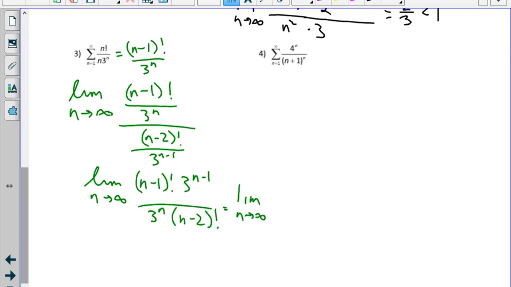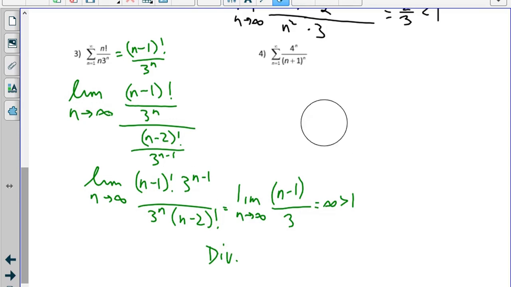I do a little canceling, so n minus 1 over n minus 2 with the factorials, that's going to be n minus 1 in the numerator, and then I'm going to have a 3 in the denominator. Now notice that as n goes to infinity, n is going to dominate, so the limit is infinity, which is greater than 1, so that means this diverges.